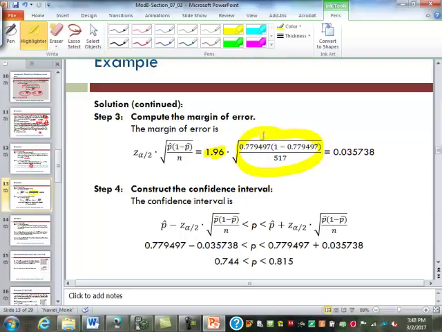Since we don't have the population proportion, we have to use our sample proportion in here. That's why we went out to 6 decimal places. So it's p, our sample proportion, times 1 minus p, divided by the sample size, then square rooted. So we get a margin of error of 0.0357.